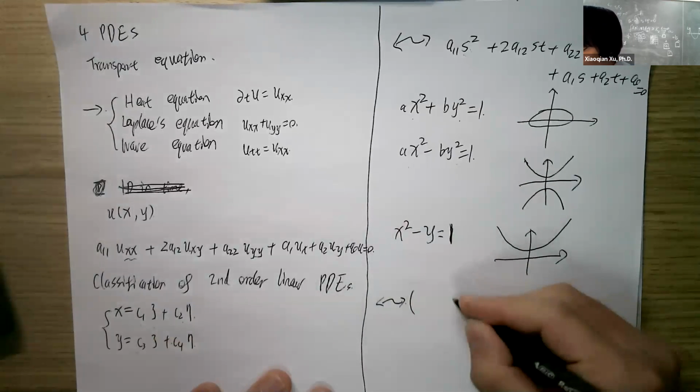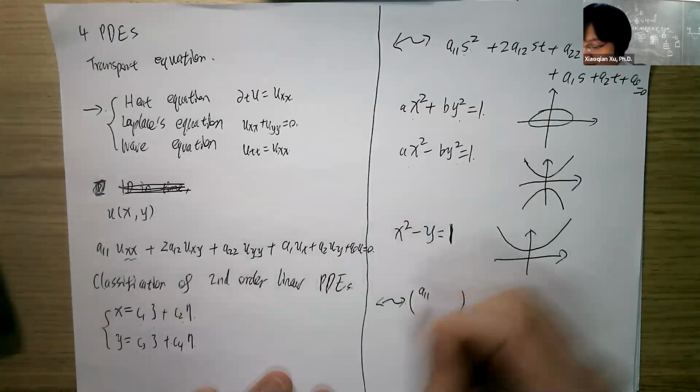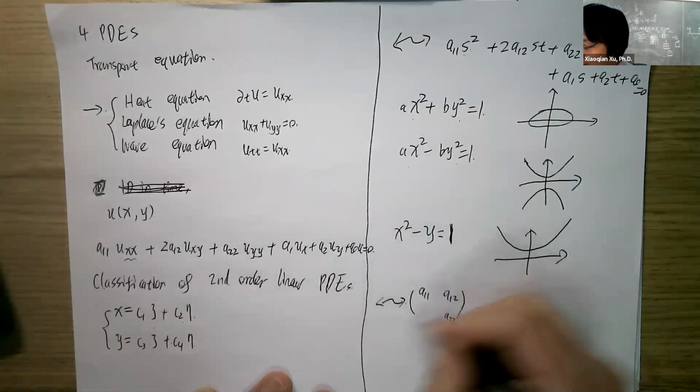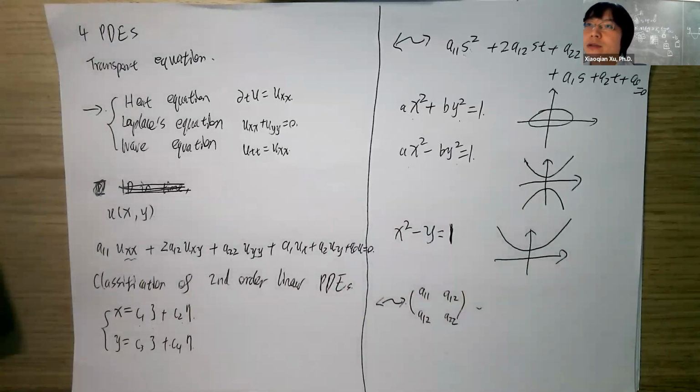The matrix is formed by A11, as we write it like this, A22, this is this term, A12 and A12. It's a symmetric matrix.